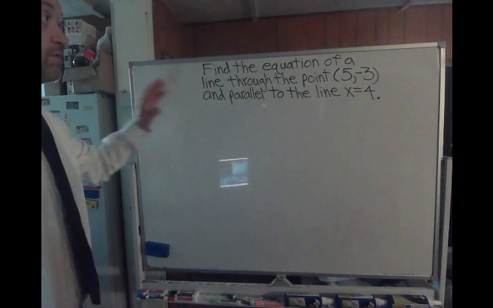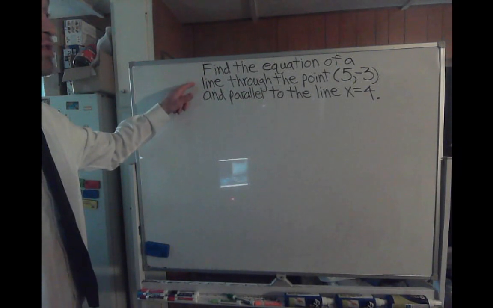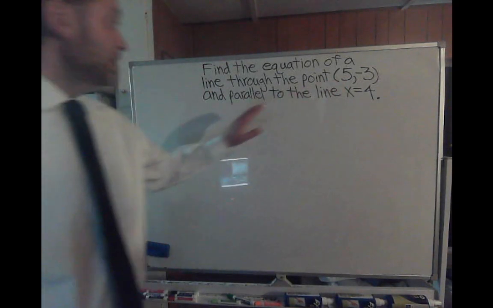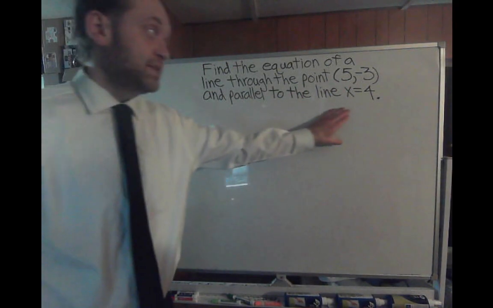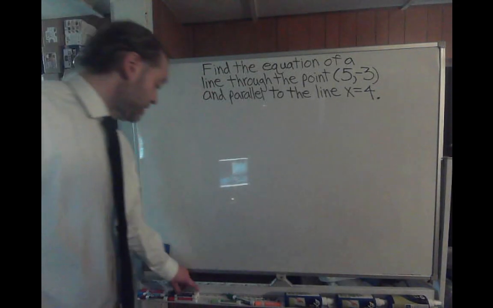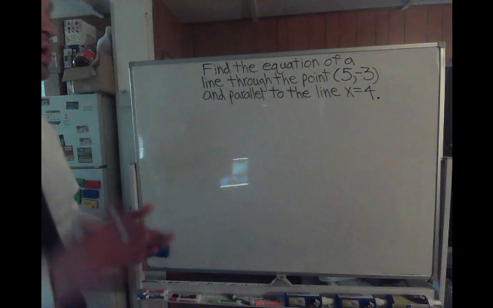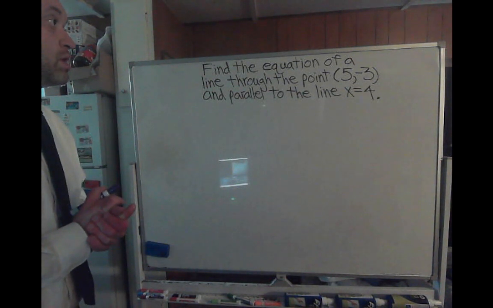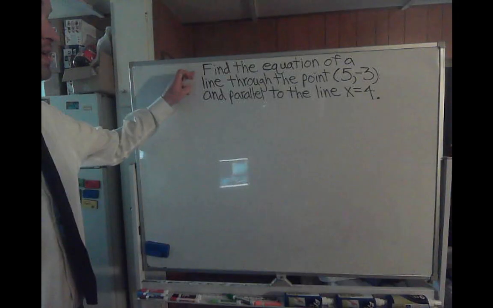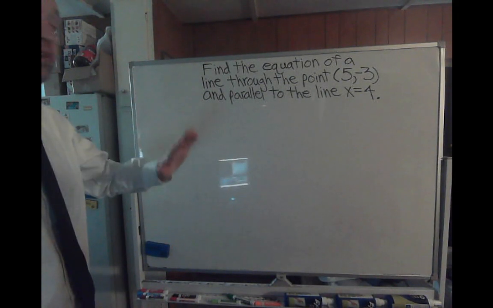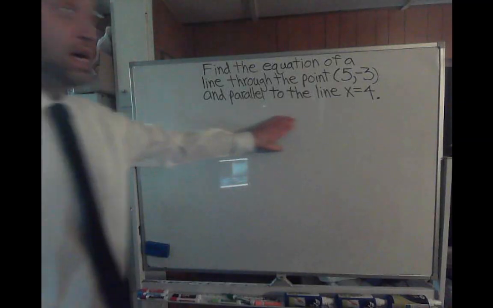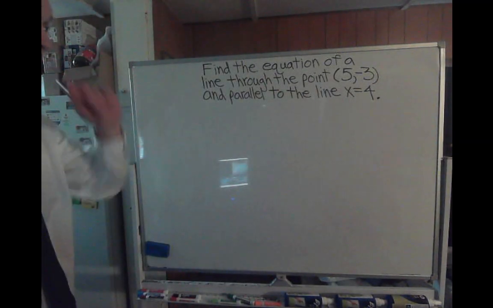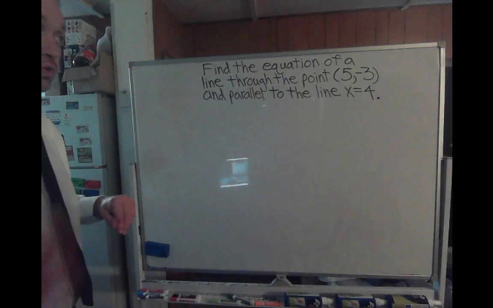We're being asked to find the equation of a line through the point (5, -3) and parallel to the line x equals 4. Well, this is again where VUX-HOY comes in handy.